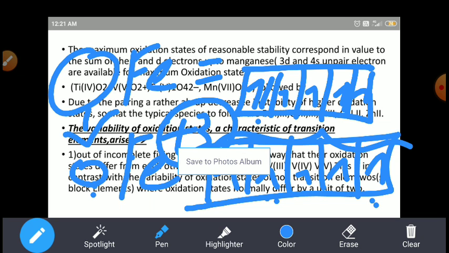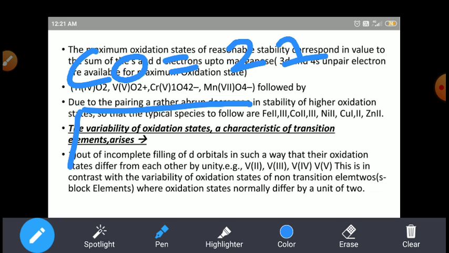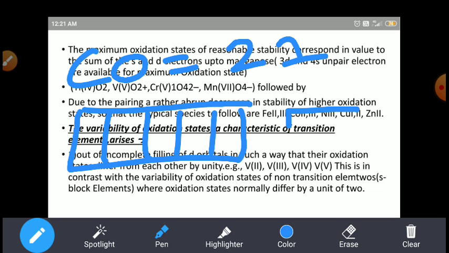And again, moving to the next element, cobalt, the dxy and dyz orbitals are paired here. If they are paired, cobalt, atomic number 27.